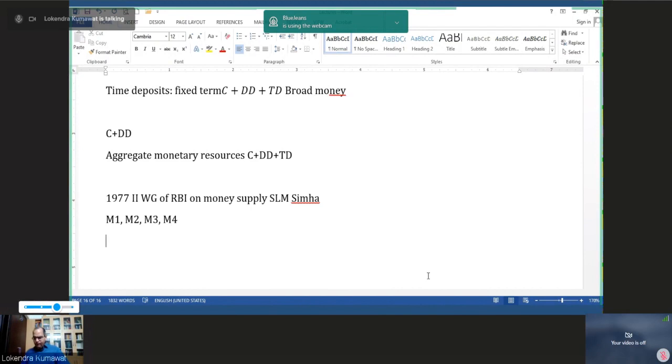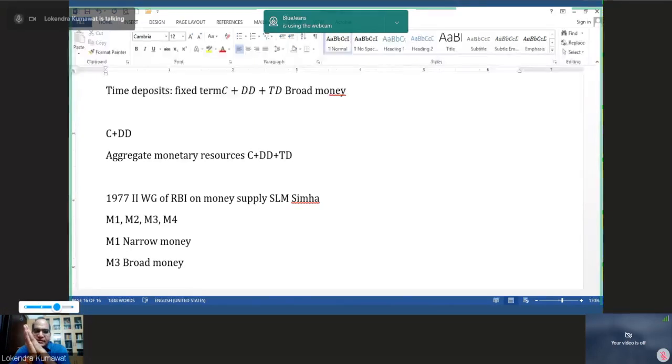M1 is nothing but your narrow money, broadly. M3 is nothing but your broad money, as we have discussed above. Apart from currency, demand deposits and time deposits, there is another small category called other deposits, which is discussed in your book. I'll not go into details of that. Broadly, it is currency plus demand deposits, and currency plus demand deposits plus time deposits.